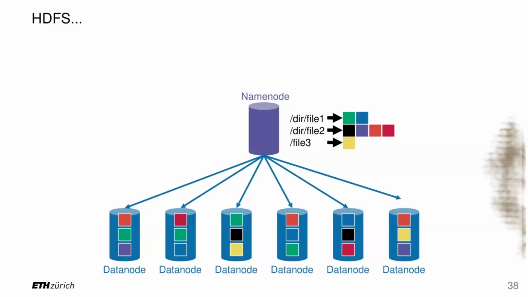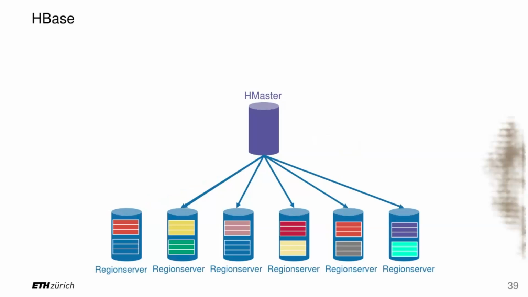We have the name node, we have the data nodes. The data nodes store the blocks, and the name node is kind of the brain, so it has all the metadata. Well, for HBase, I just need to give them different names, but that's pretty much it. It's the same thing. So the coordinator node is called an HMaster, and the worker nodes are called the region servers.